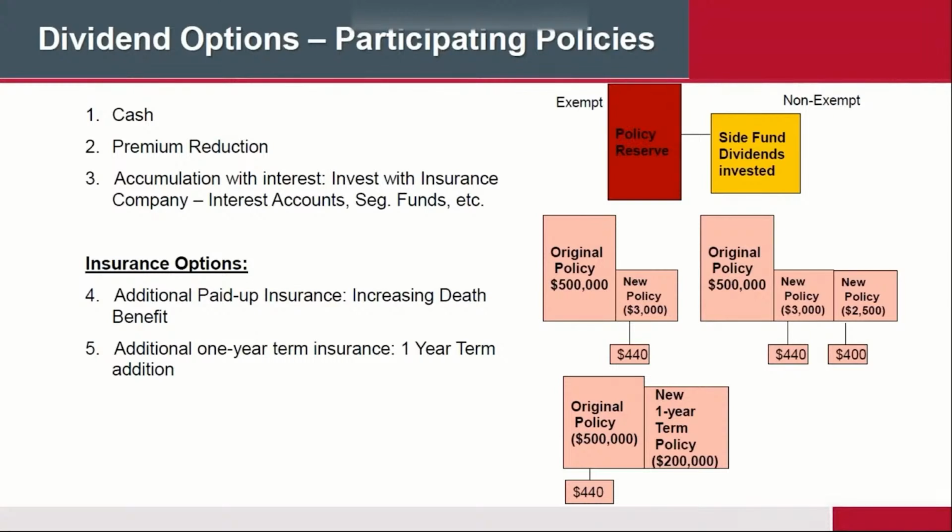So if the client is saying, I would like to have a product that the insurance increases year by year, however, I don't have to put any more money in there, what would you recommend?